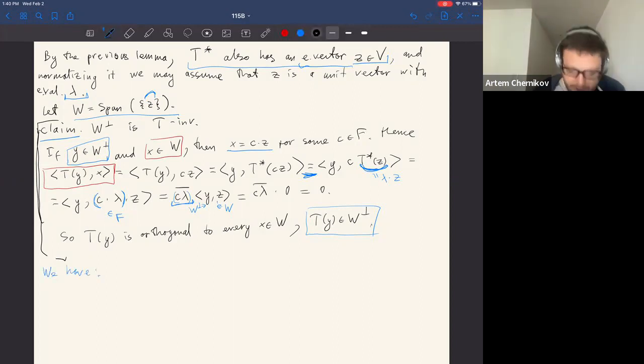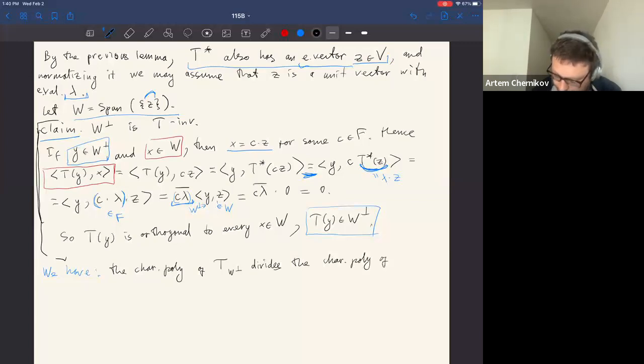First of all, we know that the characteristic polynomial of T restricted to the subspace W perp divides the characteristic polynomial of T. Remember that taking restriction to an invariant subspace, the characteristic polynomial of this restriction divides the characteristic polynomial of T. This was theorem 5.21.